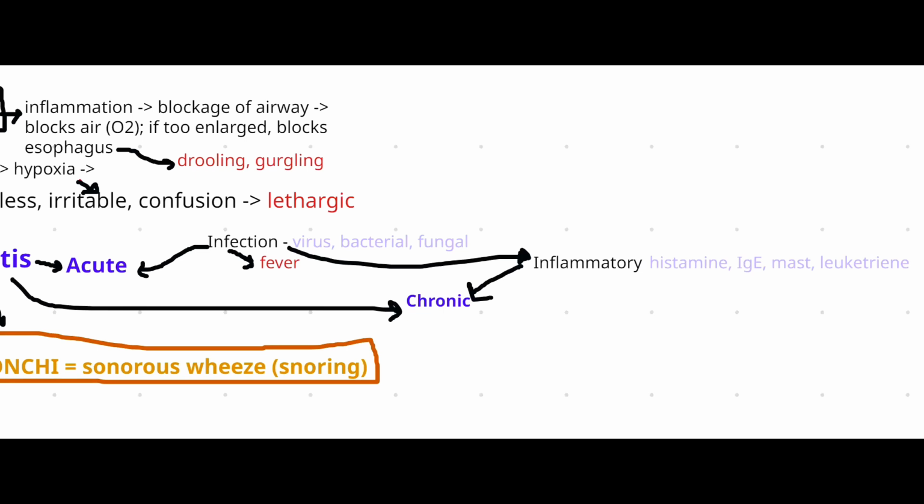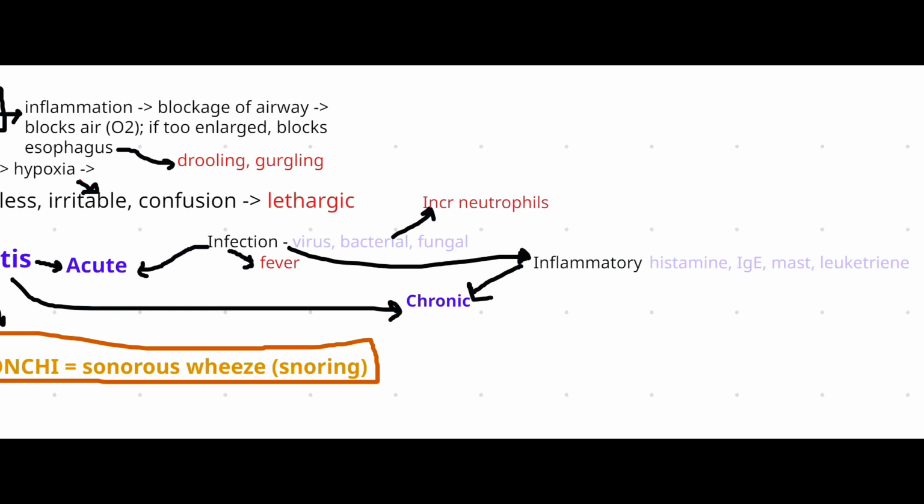If it's bacterial, what do we see in the CBC that will be increased? So increase, let's be specific. Let's do a differential. Neutrophils, very good. So if it's bacterial, it's going to be increased neutrophils. We'll put that in red because that is a sign.